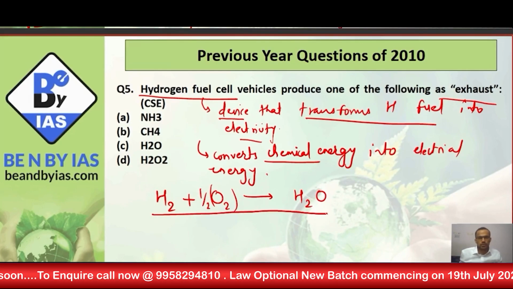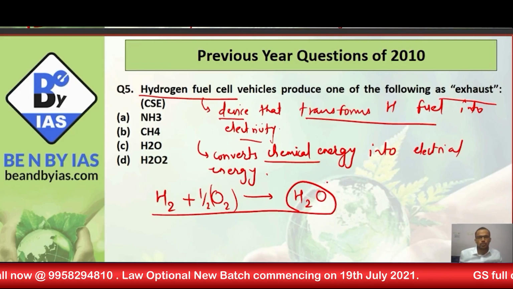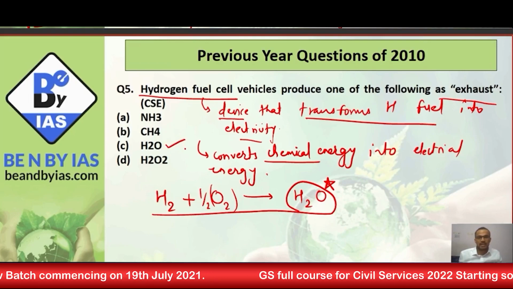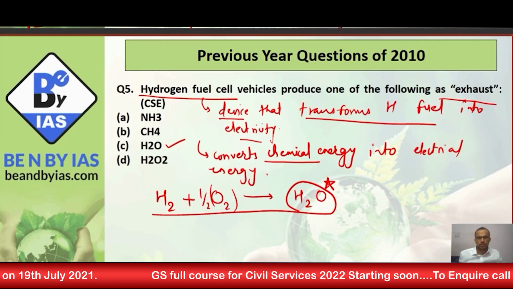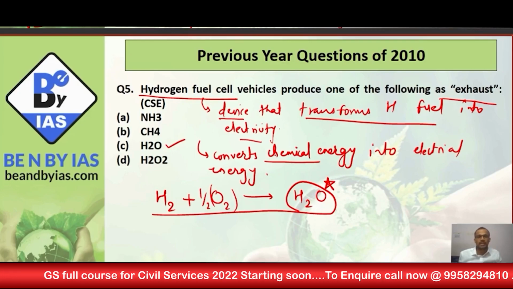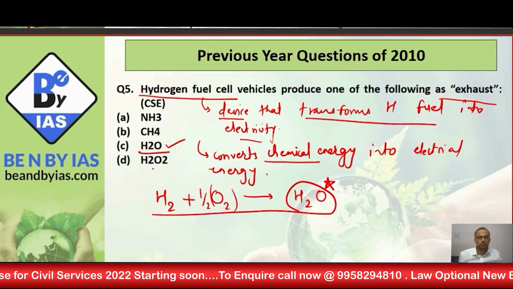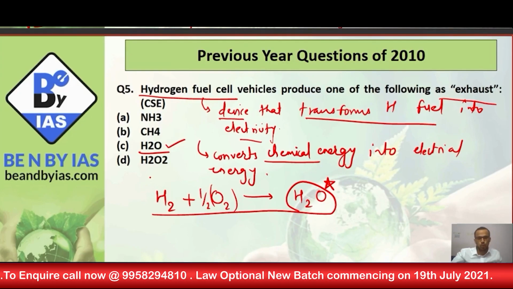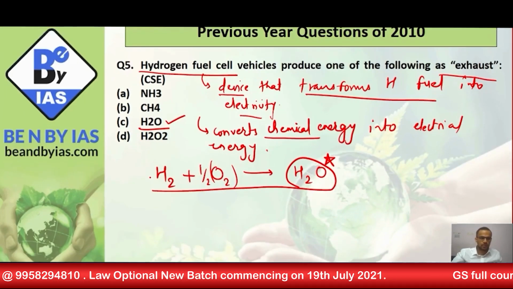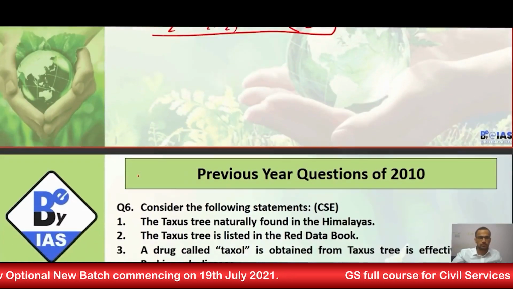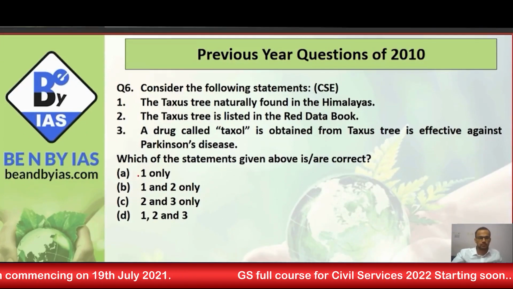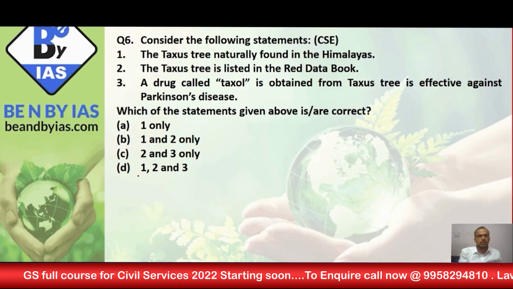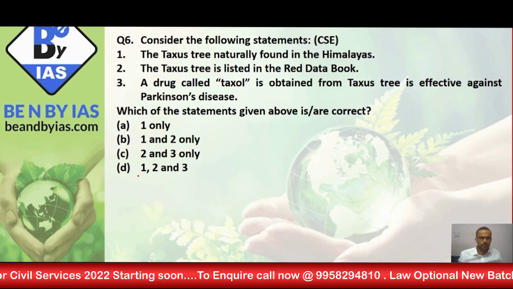So in the hydrogen fuel cell, what is produced as exhaust? It is water, steam, which is nothing but H2O in the gaseous form. Right? So for question number 5, the answer is H2O, C. Next.